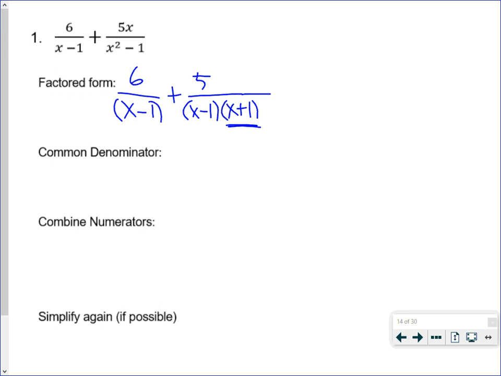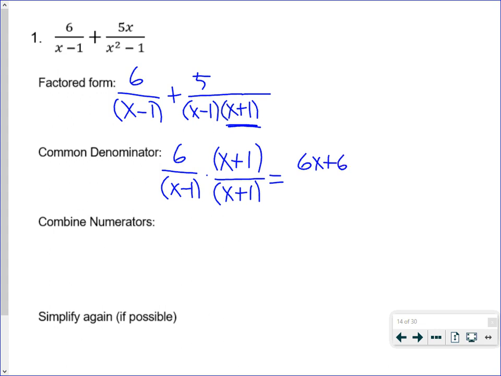If one expression is missing something in the denominator, you multiply that expression by what it's missing. So we multiply the 6 over x minus 1 by x plus 1, and we get 6x plus 6 all over x minus 1 times x plus 1.